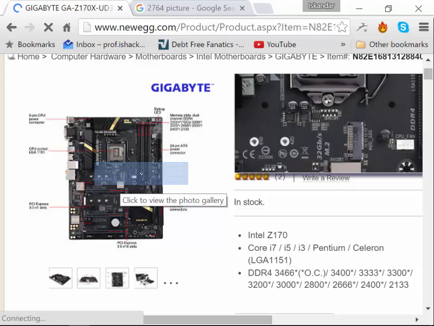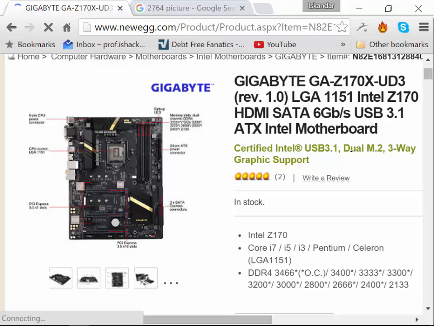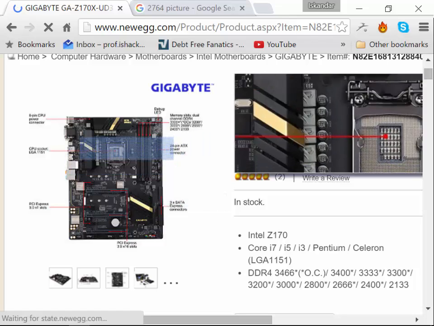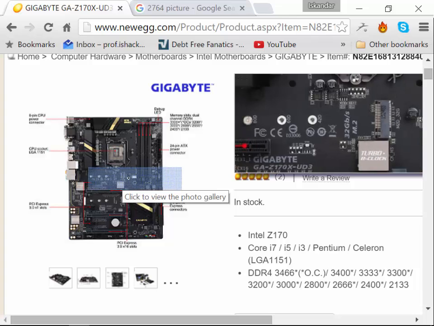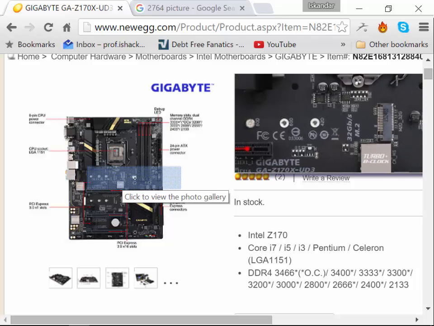If you look at this picture here, you can see there's the socket right there. As you look at this, you can see next to that box, let's just stand up over here.